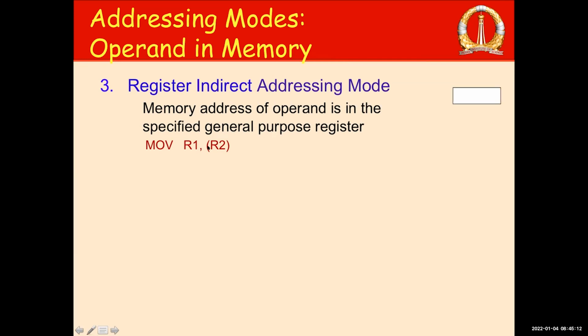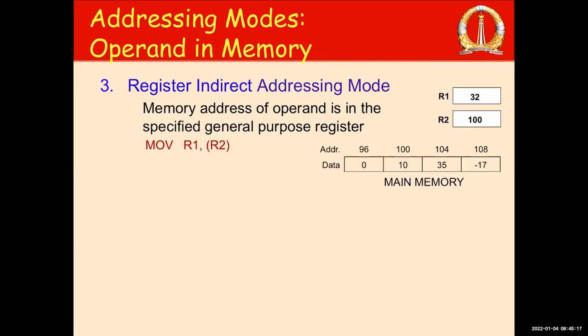So for example, if you assume that R2 register contains a value 100 and the memory location 100 contains a value 10, then at the end of this operation, the contents of this memory location, which is 10, is copied to the R2 register, and you have the value of R2 register changed to 10, right?